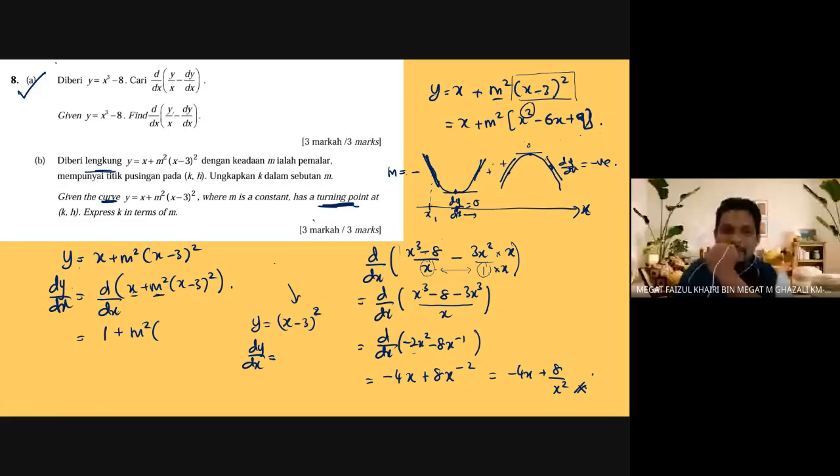Another idea is, if I bring the 2 to the front, multiplied with (x minus 3), and then the power 2 minus 1 becomes the power of 1, multiplied with the derivative of (x minus 3) in brackets. Differentiate x, 1, that's it. So, finally, dy/dx equals 2 times (x minus 3).